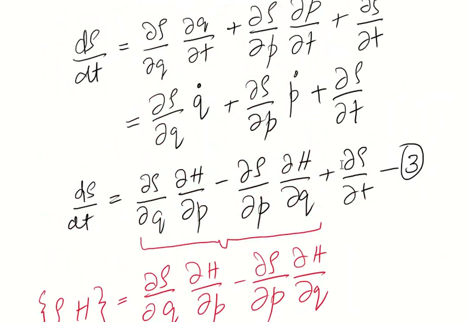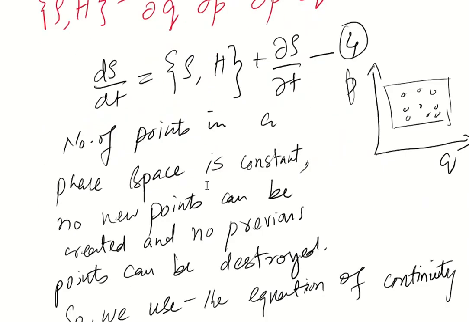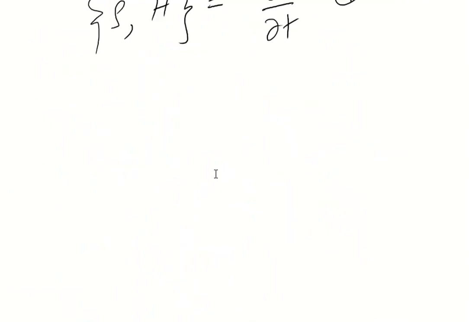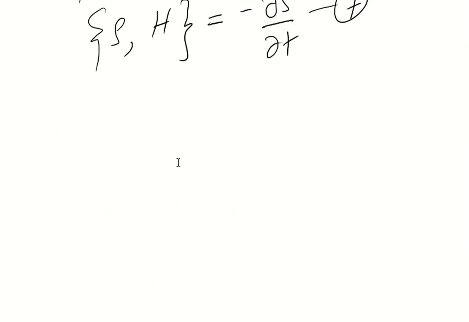So instead of partial rho over partial t, we put the value in equation 8, and this is again a Poisson bracket, so two Poisson brackets, and they actually cancel each other out, because there is a minus sign here, so that's why they will cancel each other out.